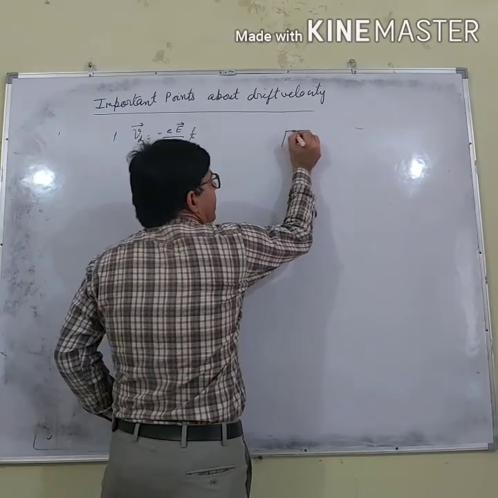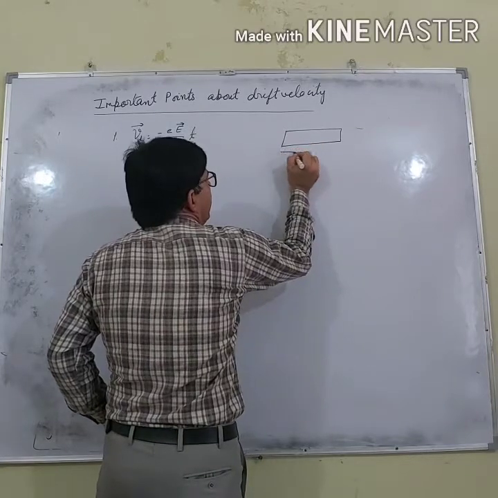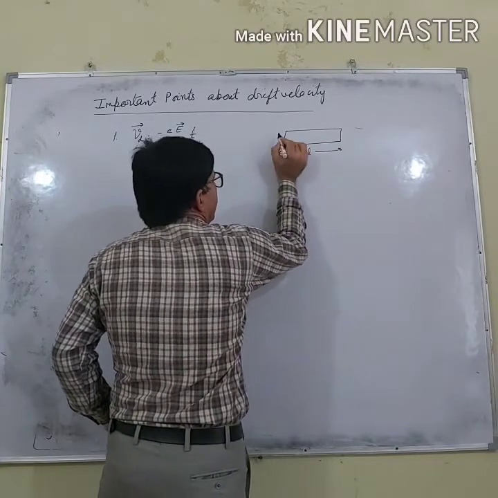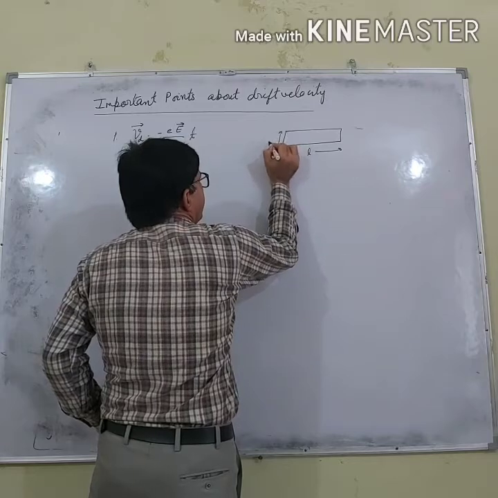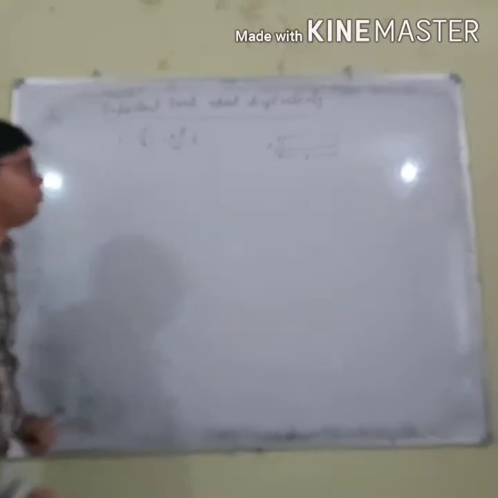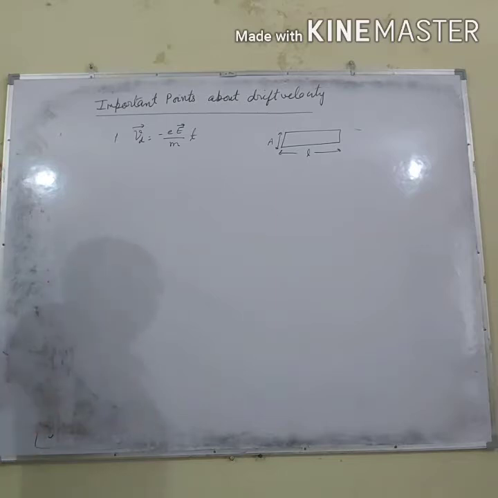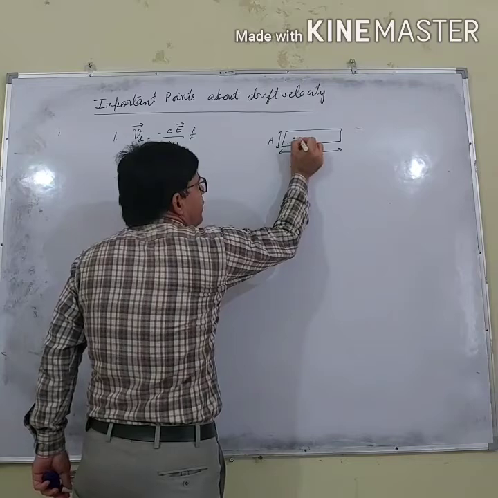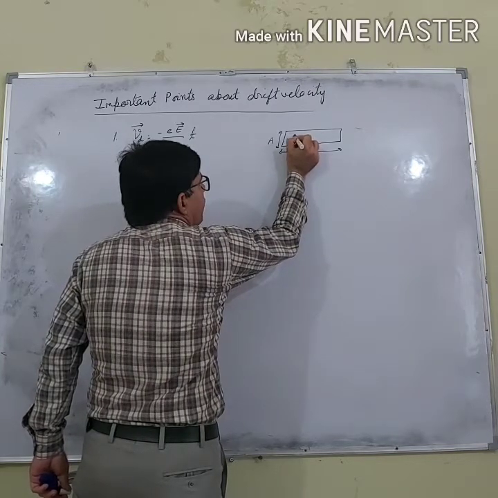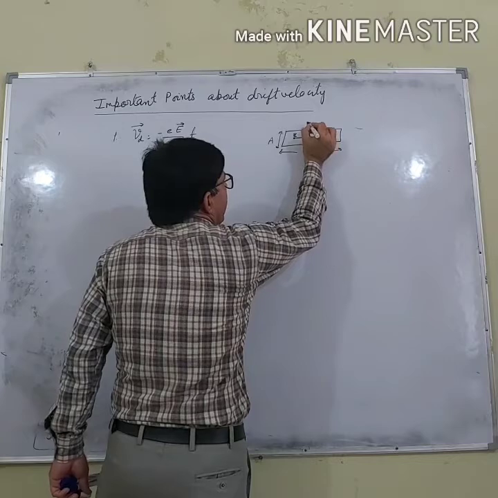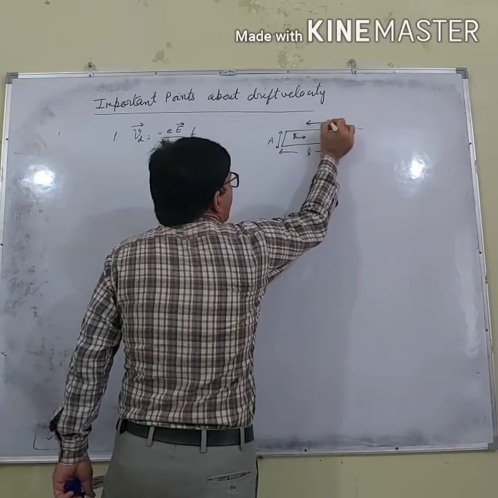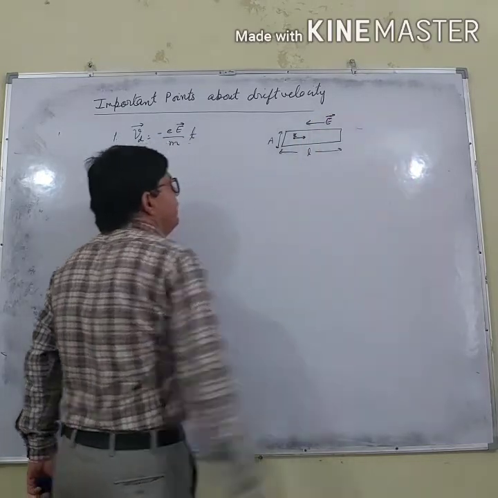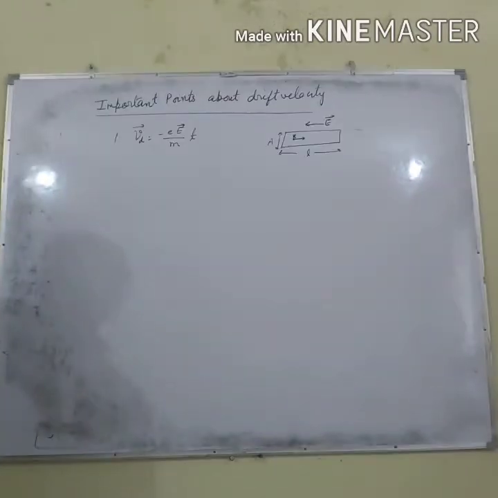Let us see, this is the conductor whose length is L and area of cross section is A. The electron is moving from one end to the other end in the presence of electric field E. Now the question is, what is the relation between drift velocity and the length?